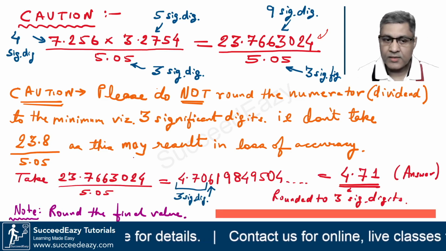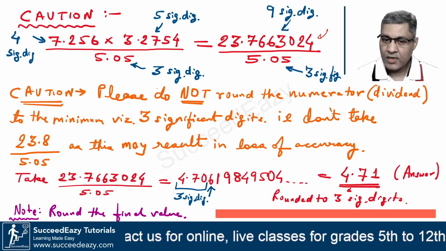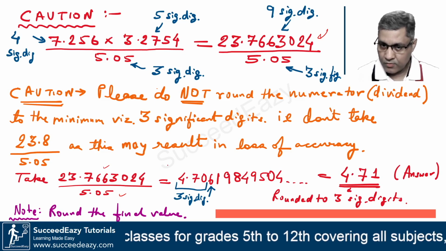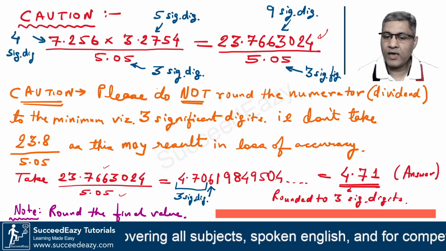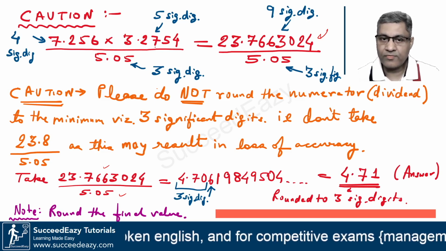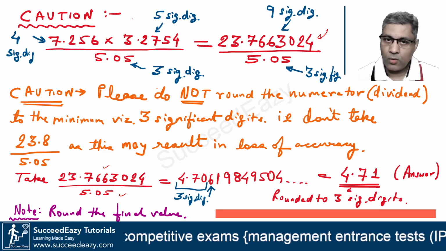So the suggestion is that please take the entire number as it is till you reach the last stage. That is, take this number as it is and then find the quotient. So you get 4.70619 and so on, and then you take the minimum significant digits out of all the data that you operated on.